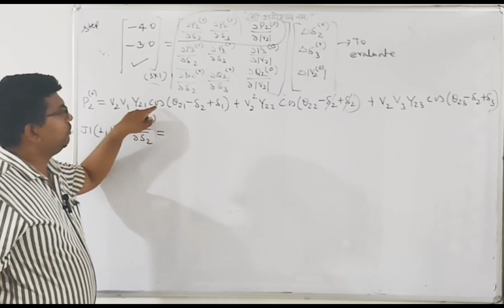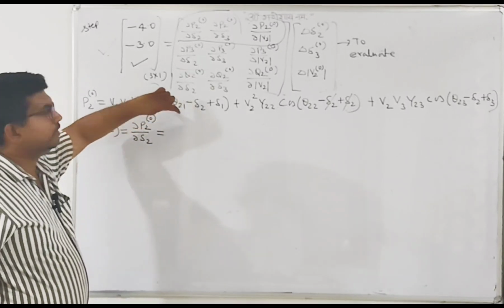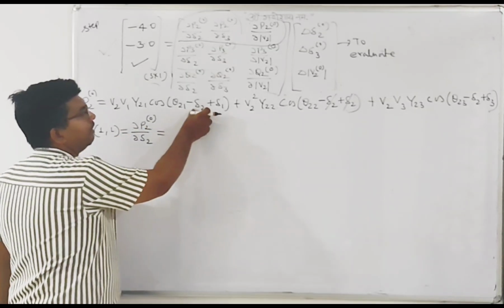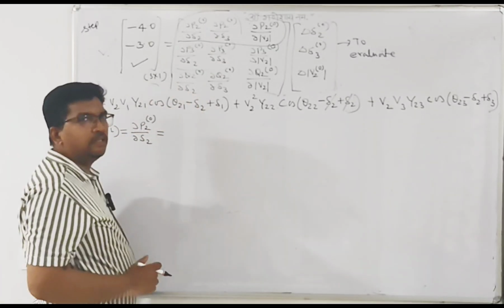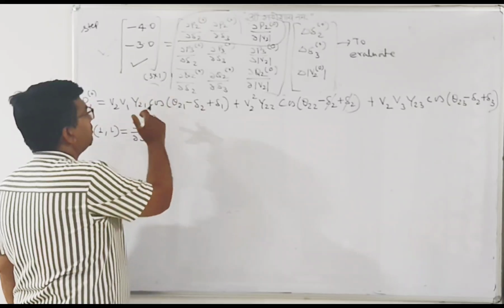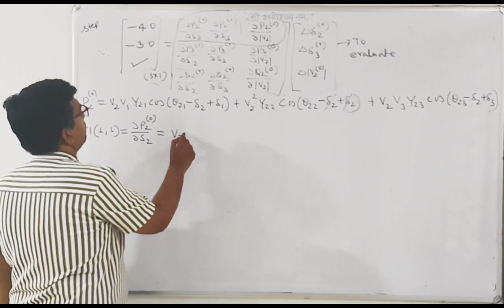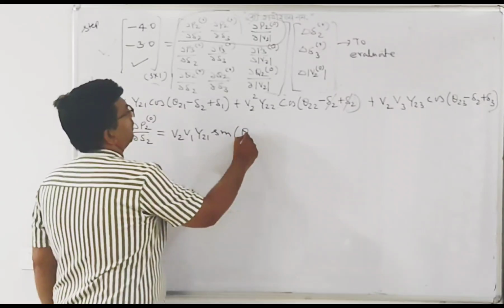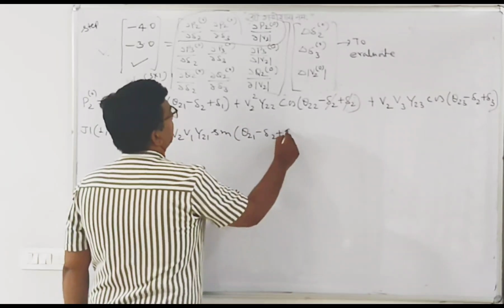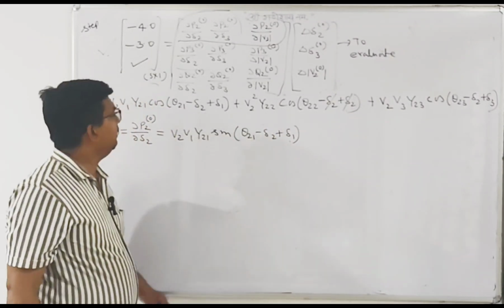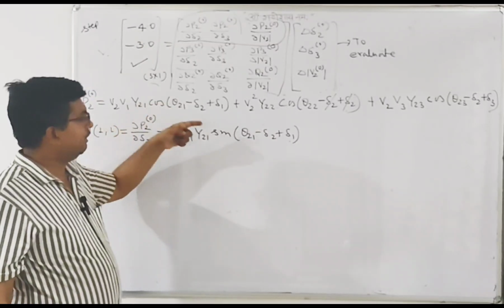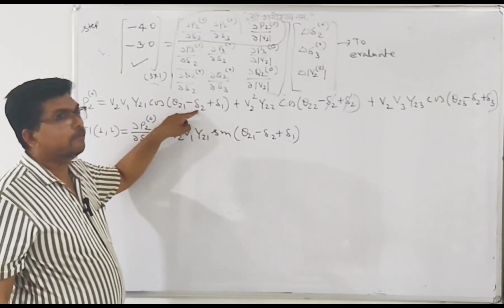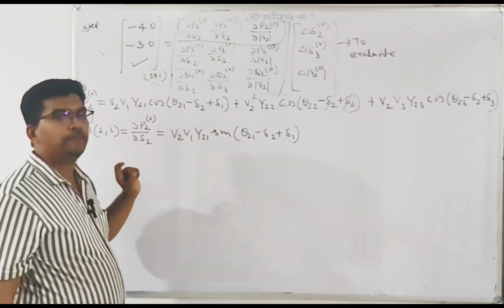Now this is the delta 2. We will differentiate the cos delta 2 function. So what is the differentiation of cos? It is a minus sign. But delta 2 is also a function, so minus 1, and minus and minus become plus. So this becomes V2, V1, Y21 sine of theta 21 minus delta 2 plus delta 1. My point is clear: the differentiation of cos is the minus sign, but delta 2 is also a function, so its differentiation will be minus 1, so minus and minus 1 gives plus 1.